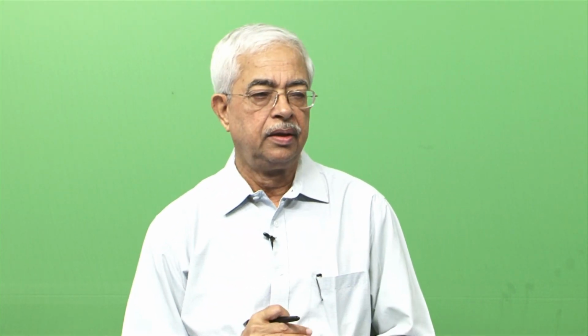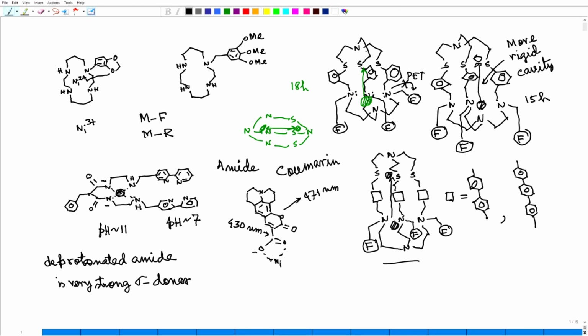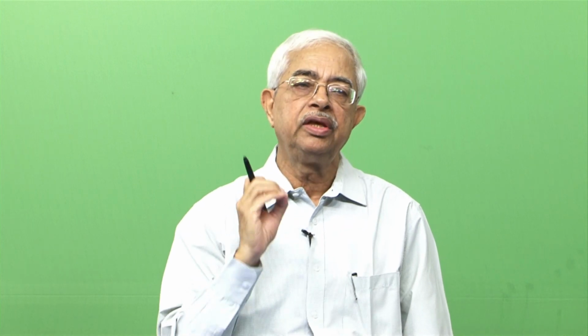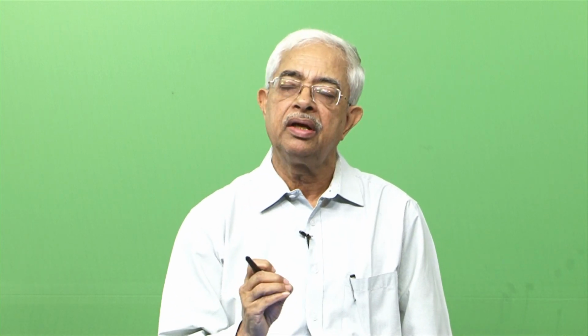Yesterday, in the previous class, I showed you how a mercury specific system can detect mercury up to 3 ppb, parts per billion, and that is very useful in treating mercury poisoning.